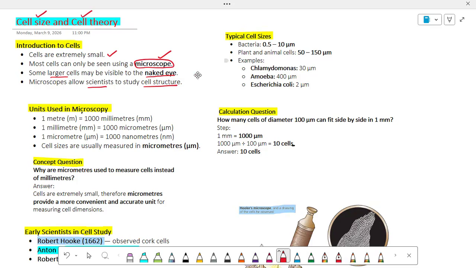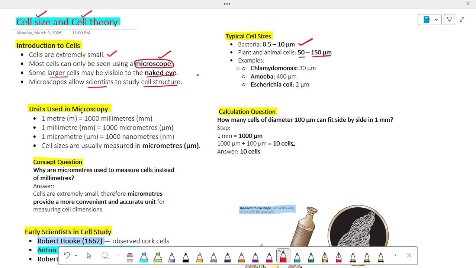So typically different organisms have different cell sizes. Here, we can see that the size of bacteria varies from 0.5 to 10 micrometers. Plant and animal cells, which are multicellular organisms, have larger cells, about 50 to 150 micrometers. And here are some examples of unicellular organisms, like Chlamydomonas.